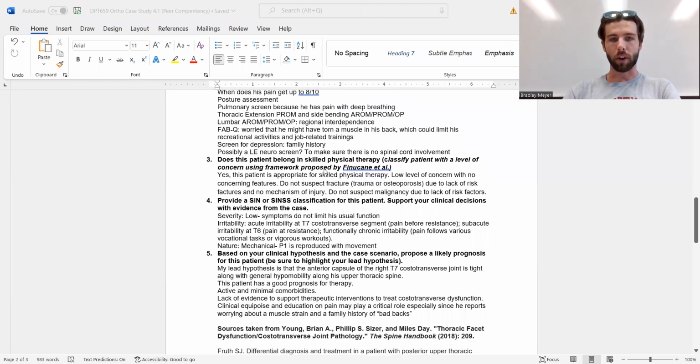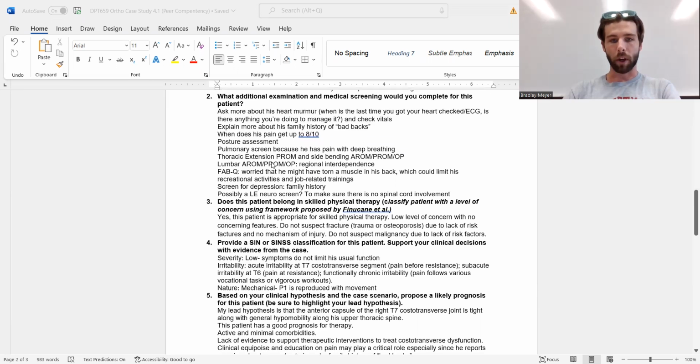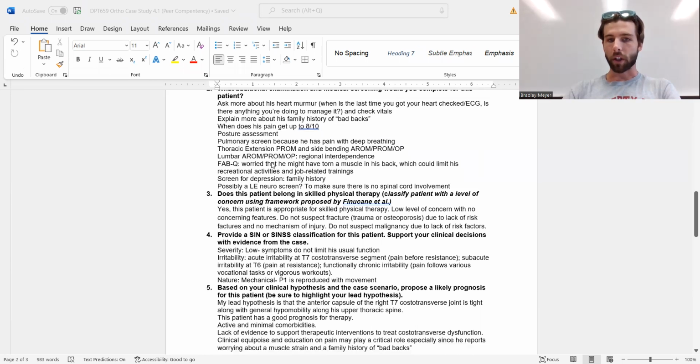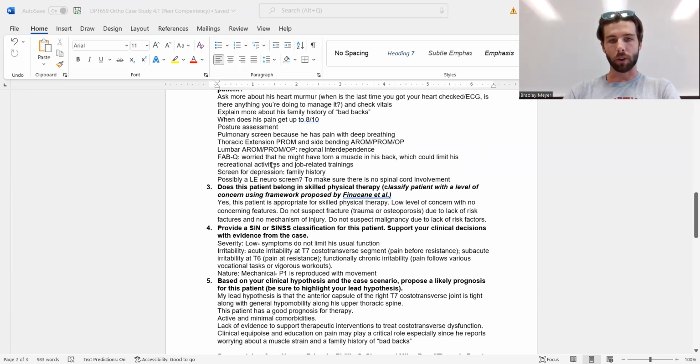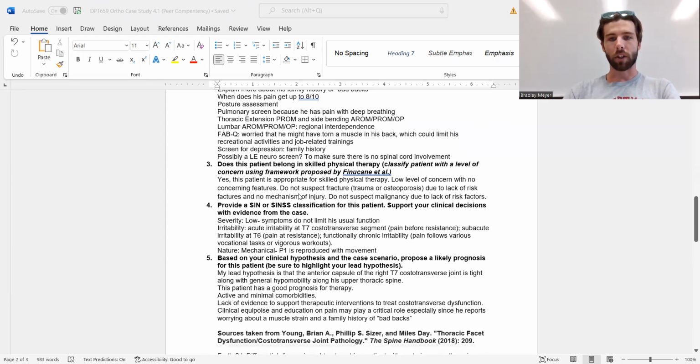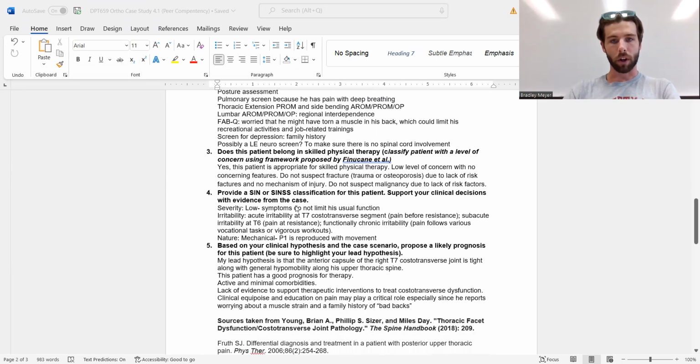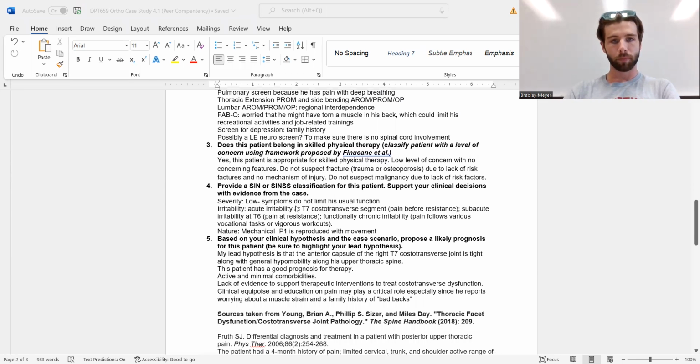And then I'd also screen for depression because he has a family history, possibly a lower extremity neuroscreen, just like a quick dermatome or myotome assessment, just to make sure there isn't any spinal cord involvement. I feel like it'd be efficient enough to do a quick one of those.